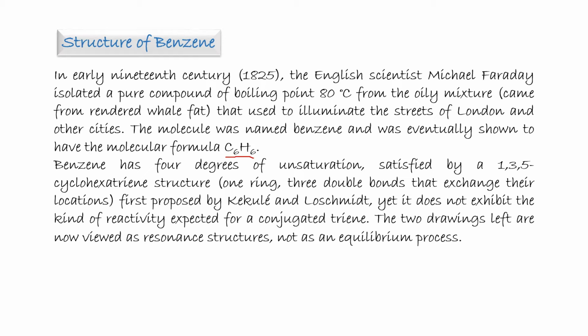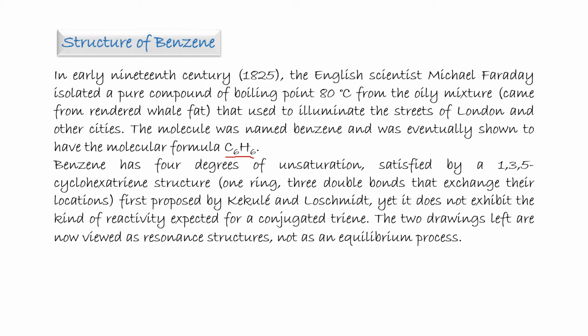Benzene has 4 degrees of unsaturation satisfied by a 1,3,5-cyclohexatriene structure, 1 ring and 3 double bonds that exchange their location, first proposed by Hückel and Schmidt. Yet it doesn't exhibit the kind of reactivity expected for a conjugated triene.